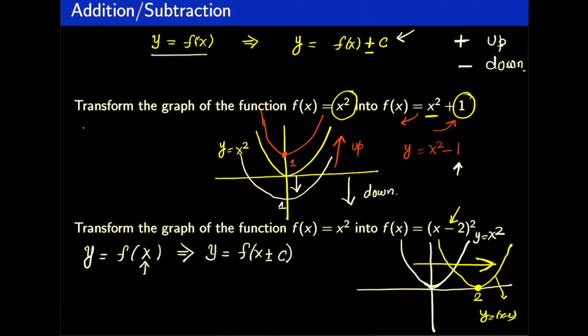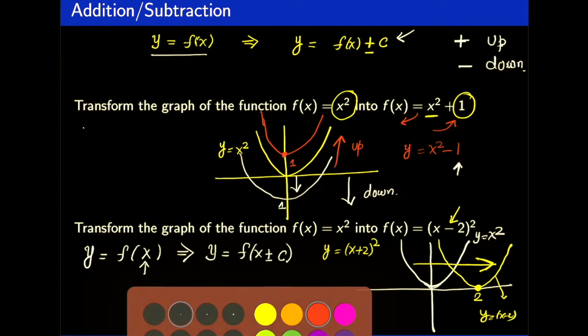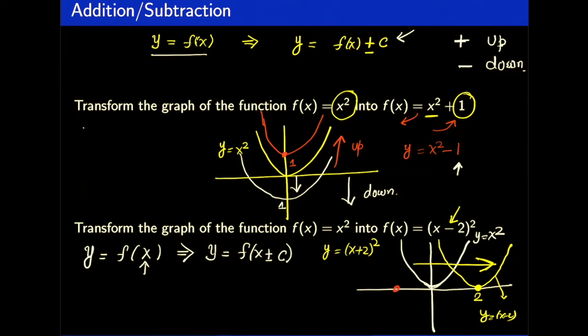Let's take another example. What will be the graph of x plus 2? What if you add 2 to the input? In this case, let me again plot the graph. This will be the graph, exactly the same graph, but it shifts to the left.